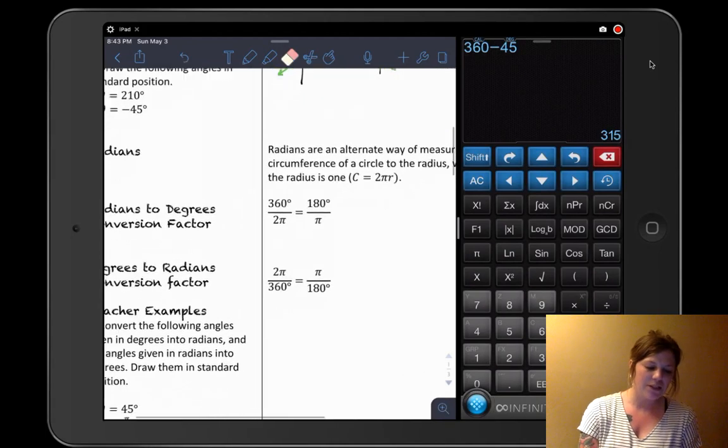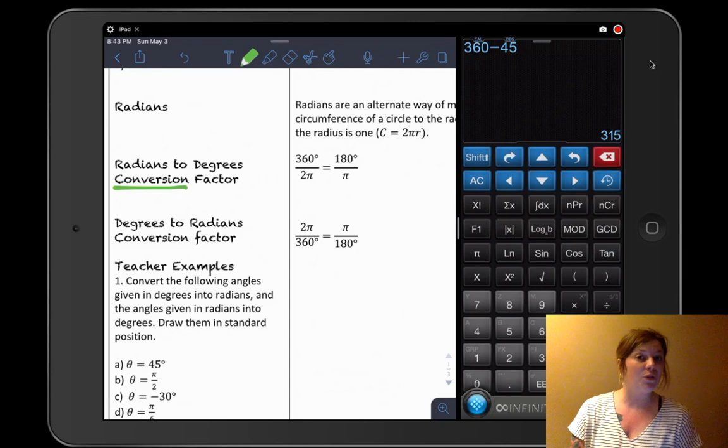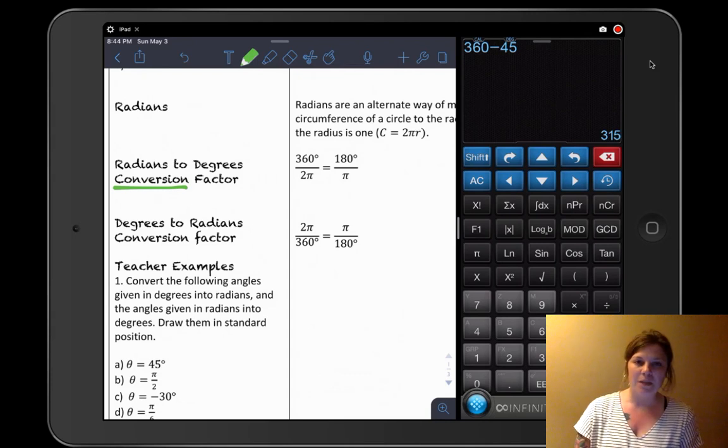So here is a conversion factor. Now, most of you, I hope, in science have dealt with conversion factors where you have to convert from inches to meters or from kilometers to feet or something like that. It works the exact same. So a conversion factor is just a fraction that you multiply by your number in order to convert it.